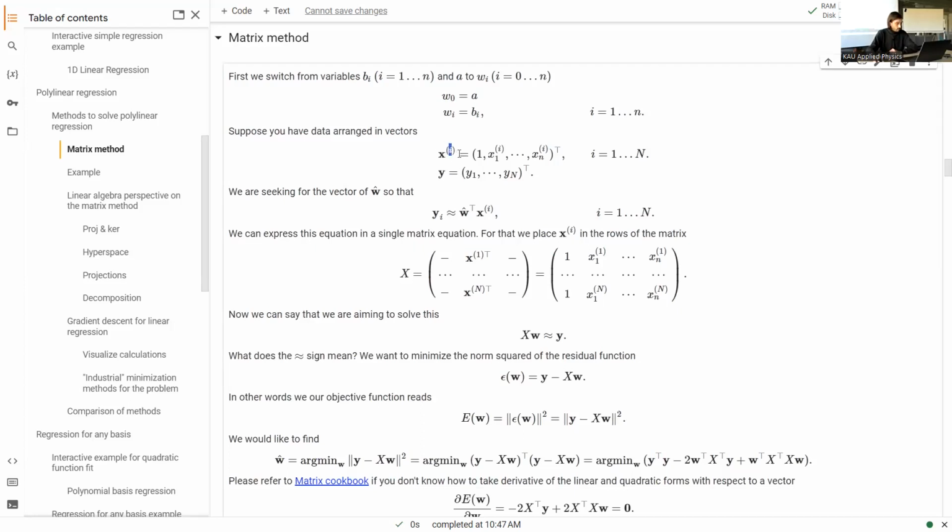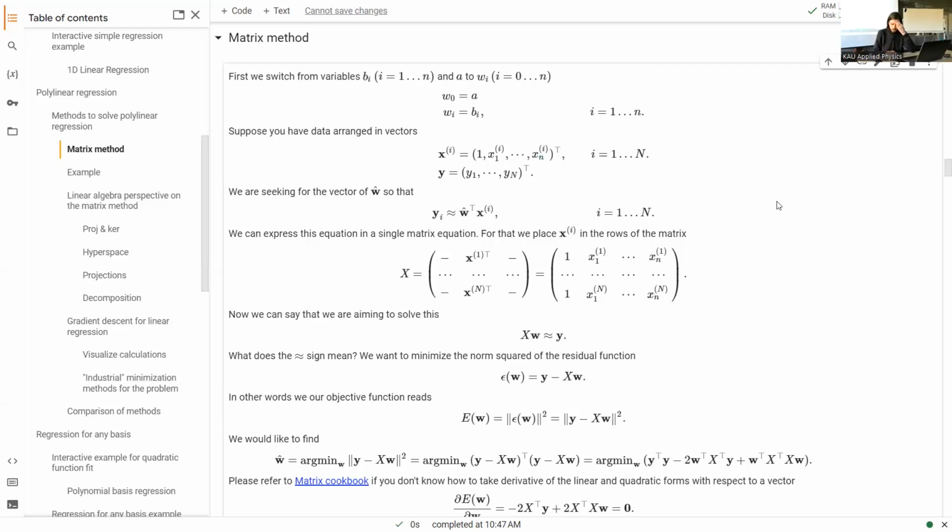This i in brackets is basically the number of the experiment I am performing. So y1, just one number, corresponds to the whole vector x with 1 in these brackets, so that the whole vector corresponds to one measurement. Okay. So this small n is basically the number of features that I have.